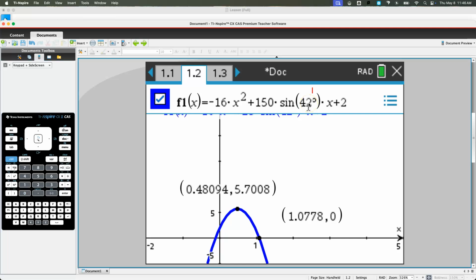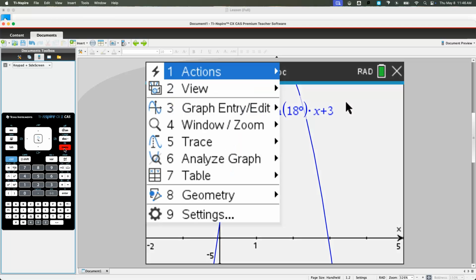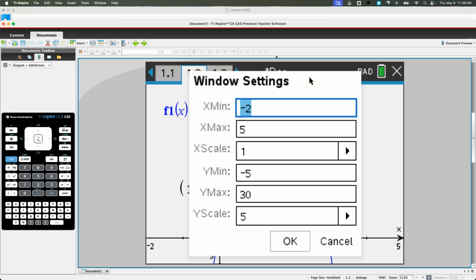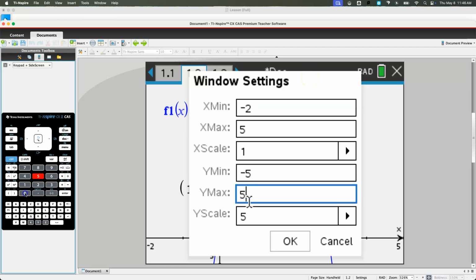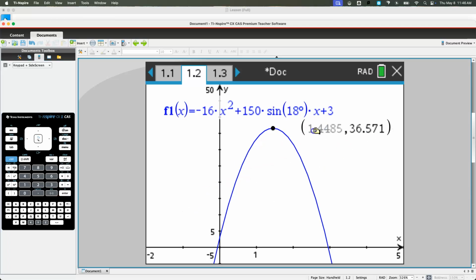This is going to be 18 degrees, and this is going to be 3. Oops, not 33, just 3. Change my window. Maximum height of the ball is 36.57 feet.